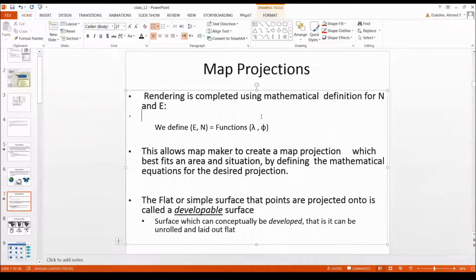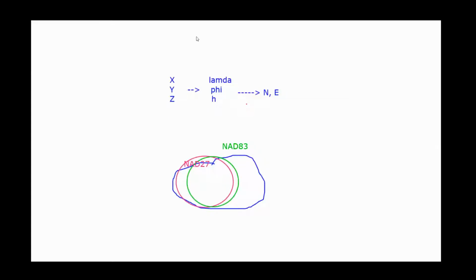Okay. So our 3D surface is going to be projected into a surface that could be folded and made a plane surface. So let's look at this here. So we have, again, just very conceptual here.